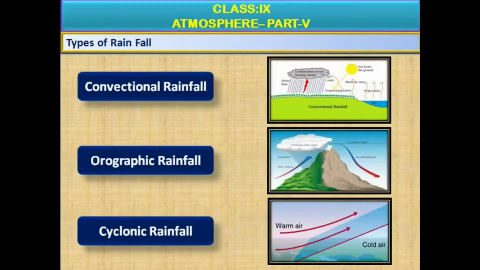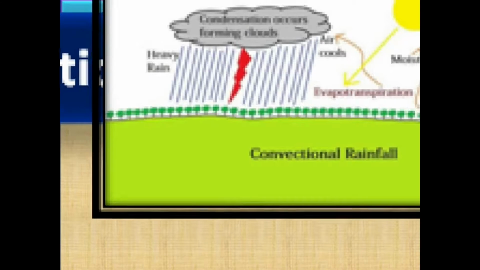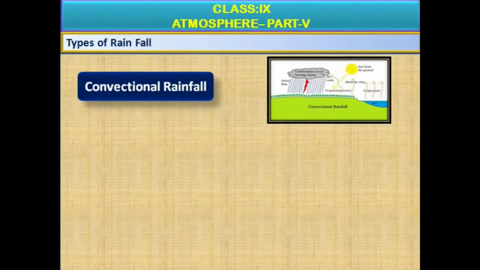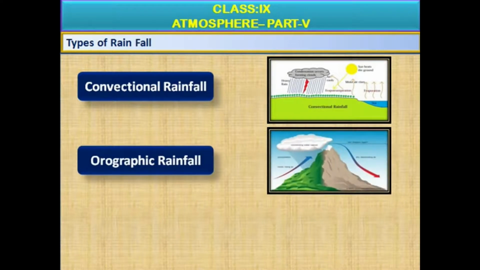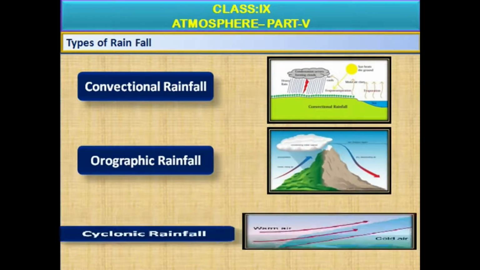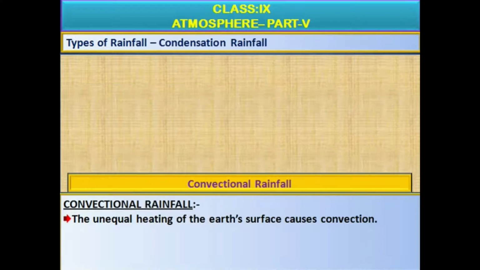Now let us learn types of rainfall. On the basis of origin, rainfall may be classified into three main types: convectional rainfall, orographic rainfall, and cyclonic rainfall. Now, convectional rainfall.